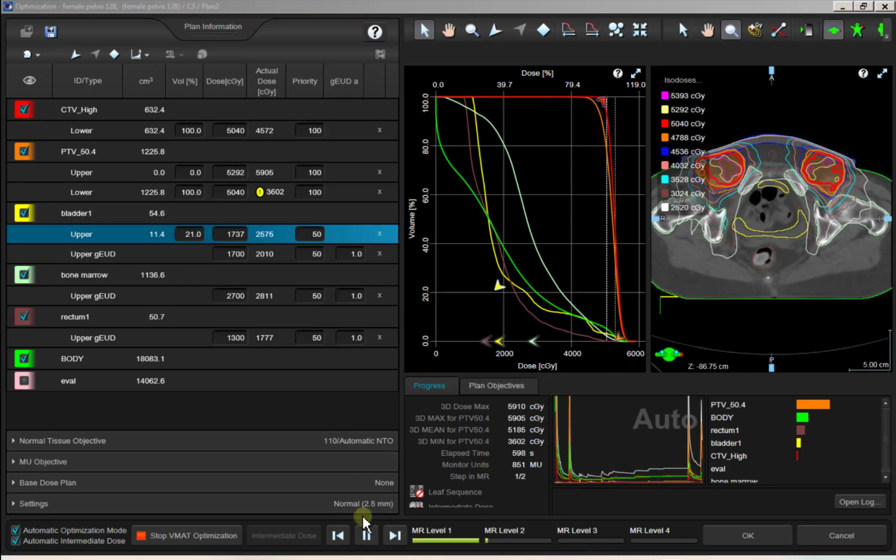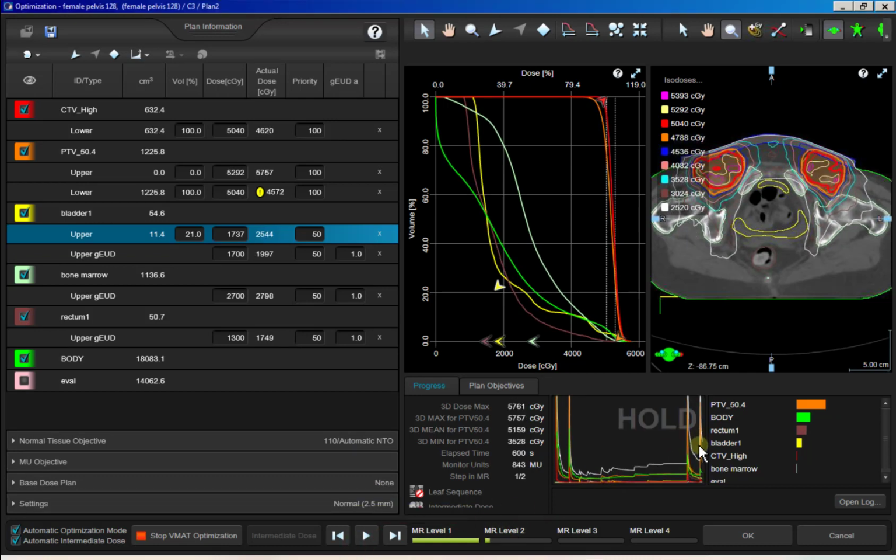Once we get to level 2, I'm going to pause. Let's let it level out just a bit.